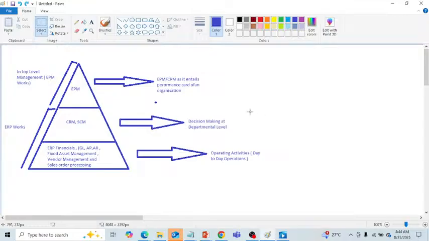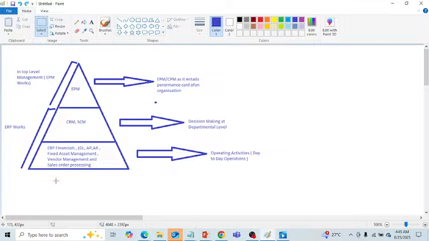So what we have learned through the organizational structure is that ERP manages daily business processing across departments, while EPM emphasizes strategically on budgeting, forecasting, and strategic planning. It also includes performance analysis. ERP includes general ledger, accounts payable, accounts receivable, as well as inventory, procurement, HR, CRM, and manufacturing.